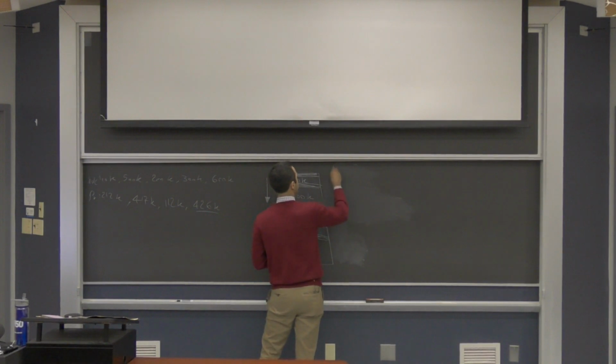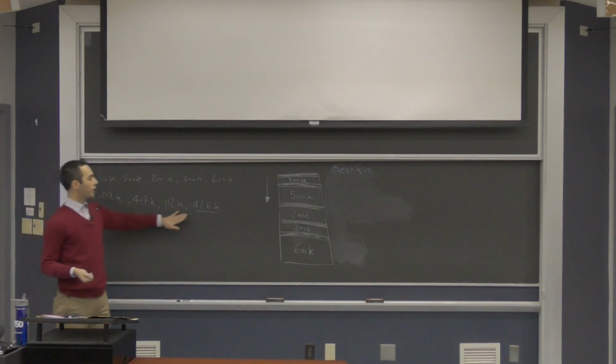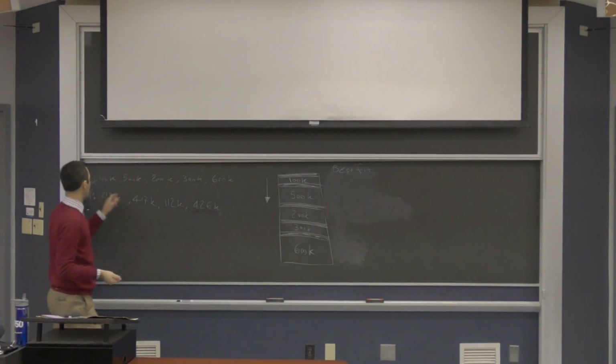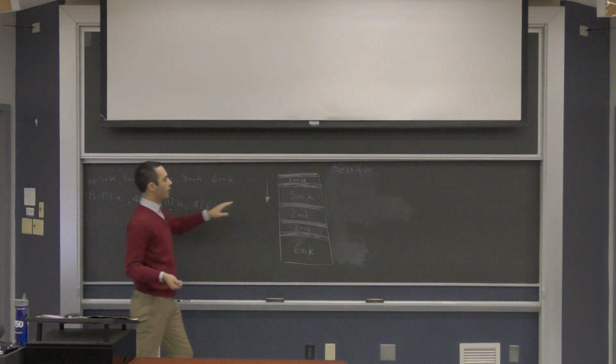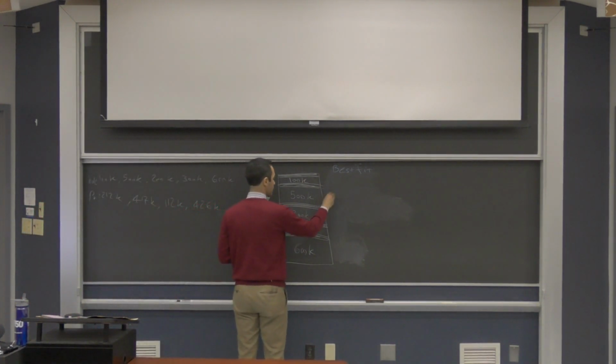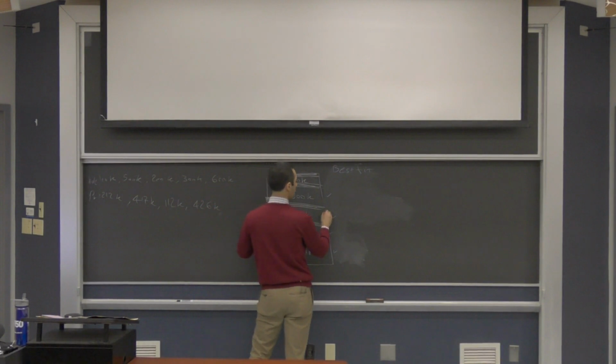So best fit. You remember that we should choose the hole that fits, but is also the smallest. So when 212K comes, it doesn't fit into this. It fits into this, this, this and this. Which one is the smaller? The 200K, right? Oh, it doesn't fit into this.